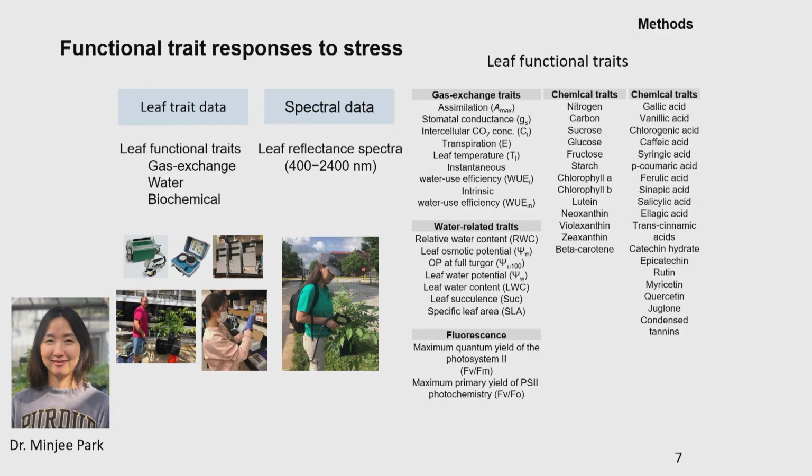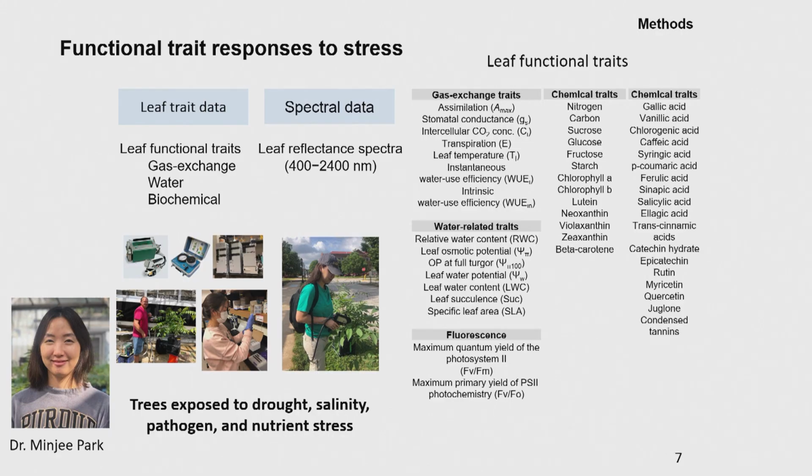The next idea, if we go back to that tree, is that we need functional traits, right? It's a little harder to do right now in a stand. So for this particular case, we focused on controlled environment, potted trees, and we exposed them to a number of different environmental conditions, differences in drought, salinity, pathogen exposure, and nutrient stress.